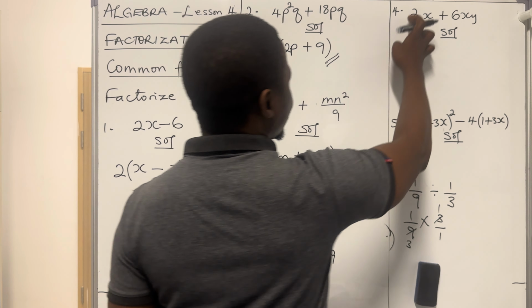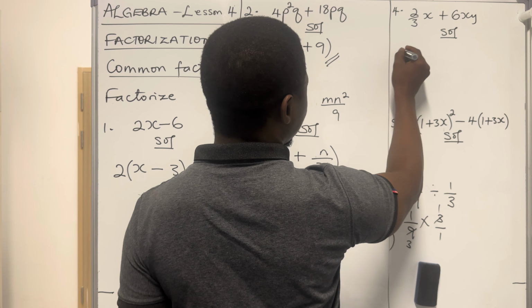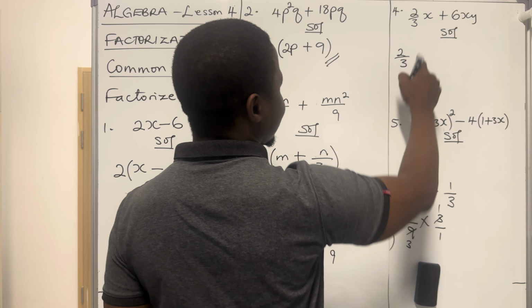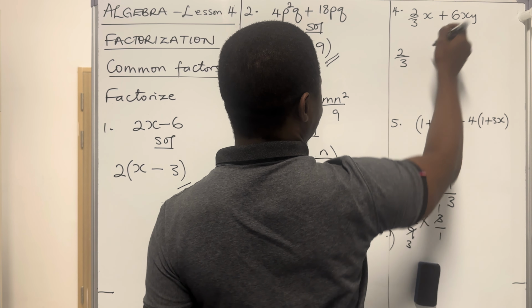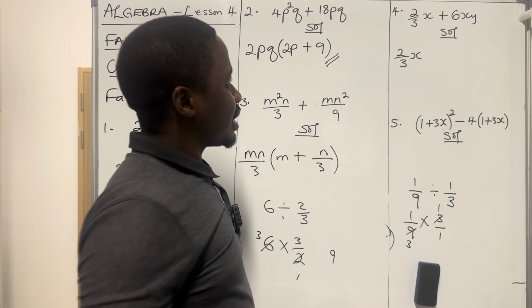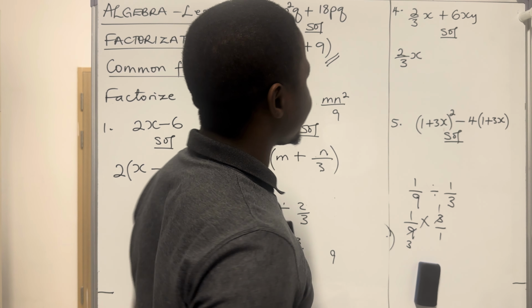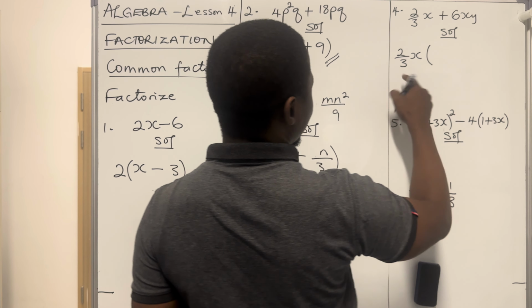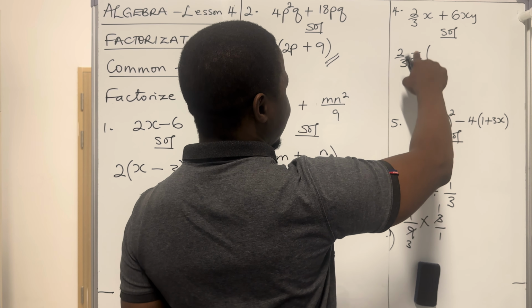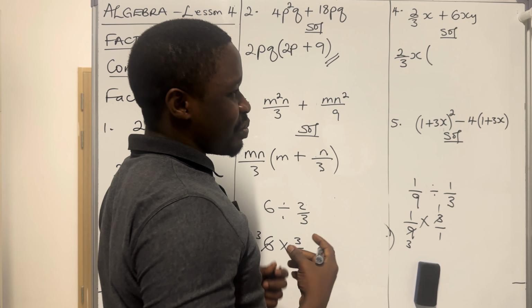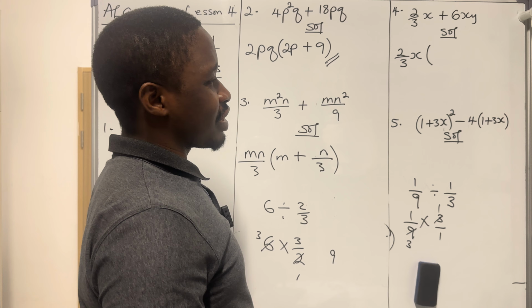So we can say 2 over 3 and 6, what is common? 2 over 3. There is x, there is x. X is common, especially x with a power of 1. So this takes away this, takes away this. It appears like nothing is remaining.